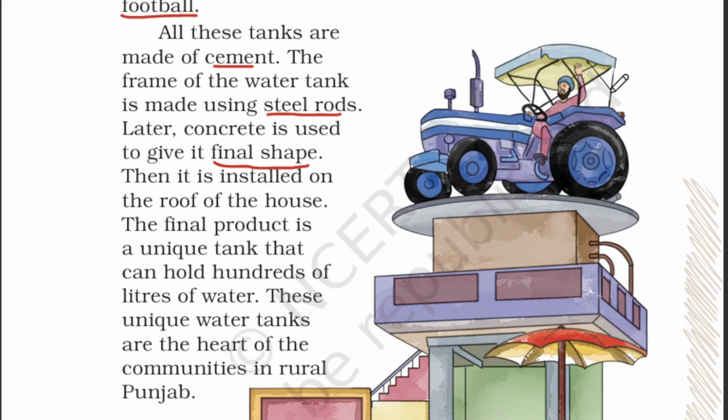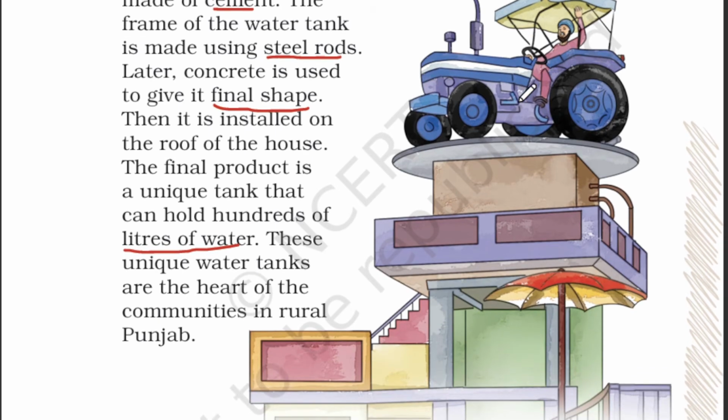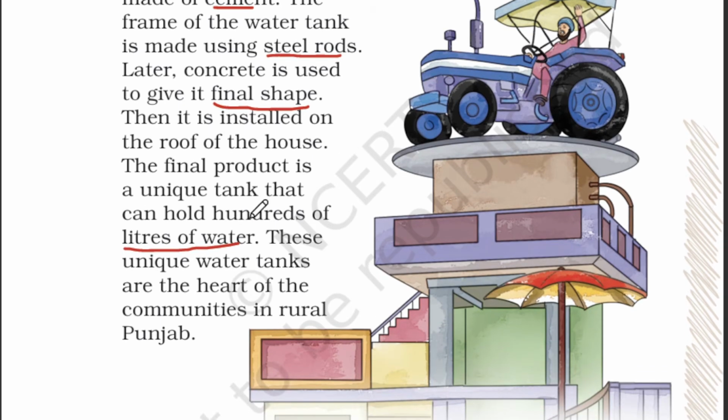They are constructing it very strong using steel rod and concrete so that the tank will stay forever. Then it is installed on the roof of the house. The final product is a unique tank that can hold more than 100 liters of water.